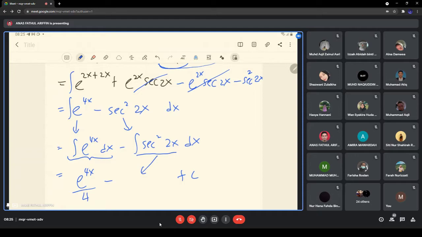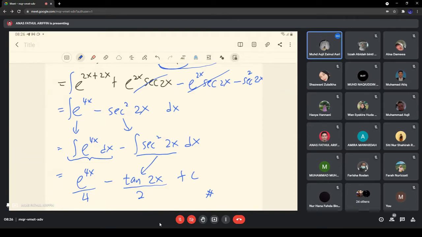Integrate second square 2x dapat apa? Tan. Dapat tangent 2x over 2 kan. Okay. Boleh? Boleh sir. Okay.